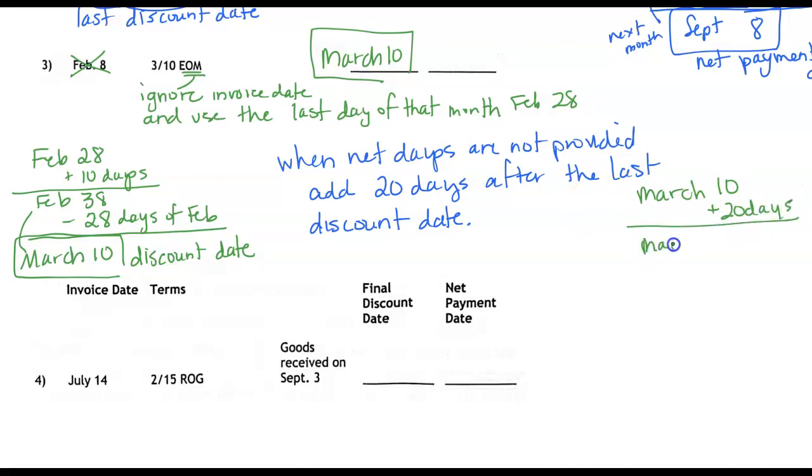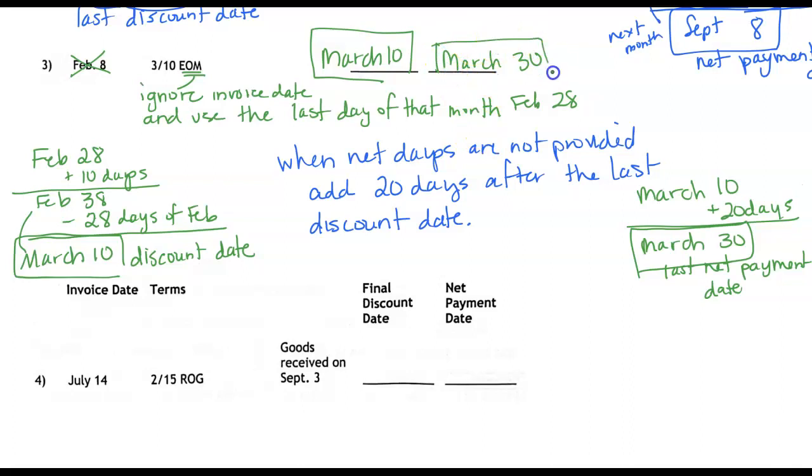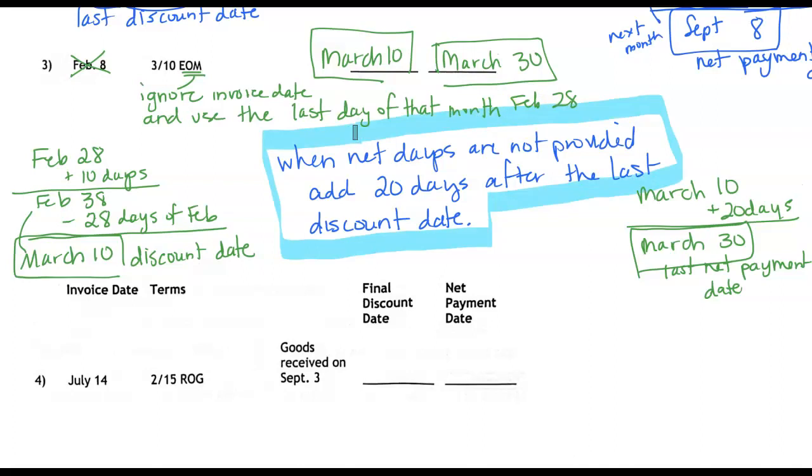And that gives us March 30th as our last net payment date, which is this one. So that blue right there is kind of important information because you will have some cases where they don't give you that net number of days.